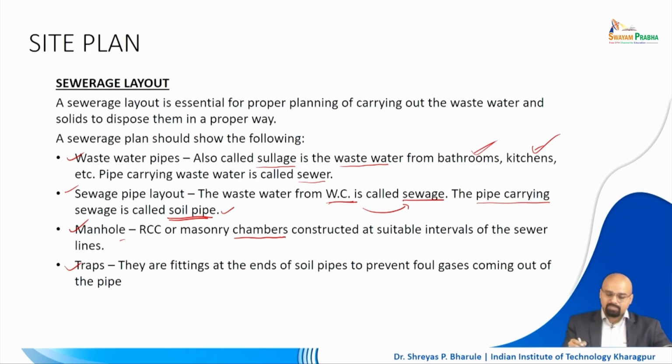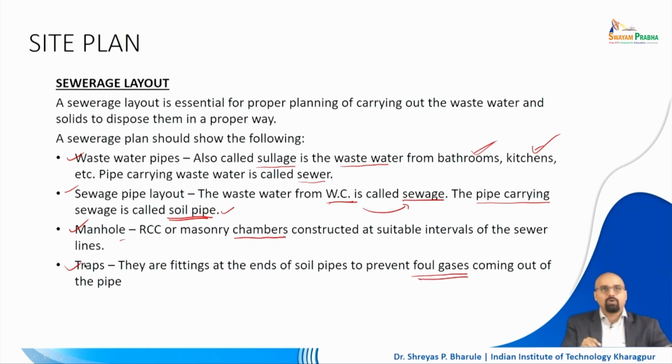The most important thing is that it creates a seal against foul gases coming back through the pipe into the toilet premises or other premises. You often see P traps, nahani traps and S traps placed at different locations. Nahani traps are in the bathroom; P and S traps are in the wash closet or water closet, right. So this is how it is laid out.